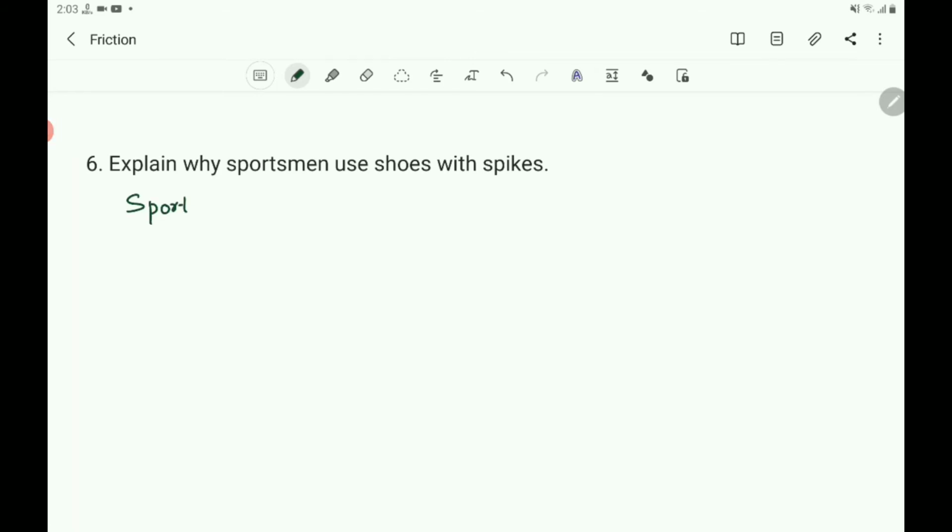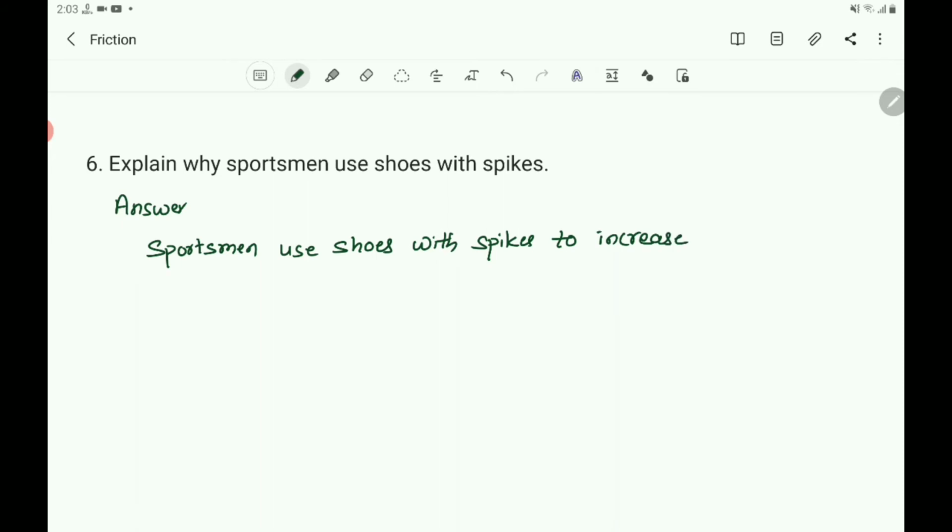So you write the answer here. Sportsmen use shoes with spikes to increase the friction between the shoes and the surface.